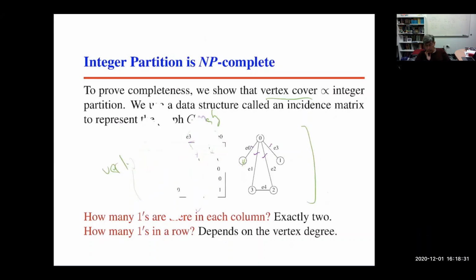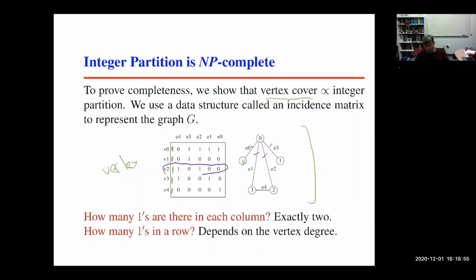I'm now going to add a high order bit to every one of these rows: 1, 1, 1, 1, 1. Does everybody see that I can interpret each row as a base 4 number?